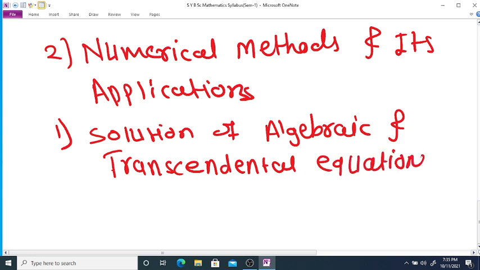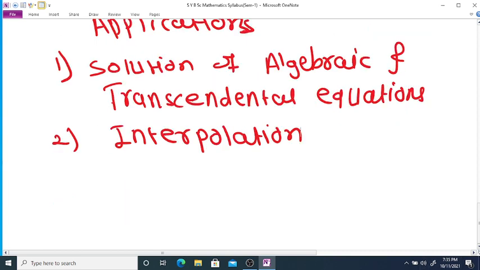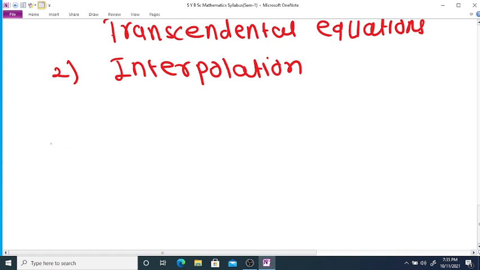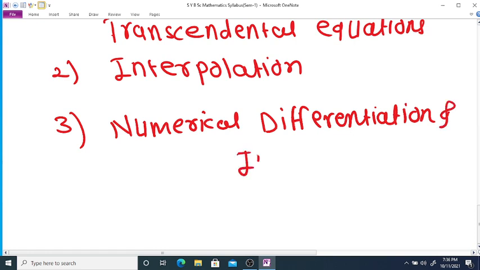This is the first unit. Then second unit is interpolation. Then third unit is numerical differentiation and integration.